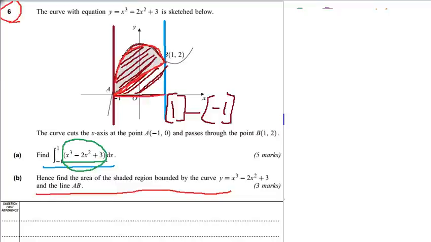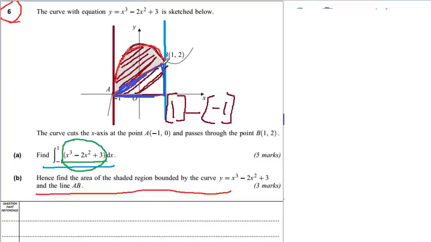Let me do it in blue so hopefully you can see. If we do that there, this blue triangle that I'm drawing there, we want our answer from before, take away that blue triangle. Now you know how to make a triangle. You just go base times height times half.